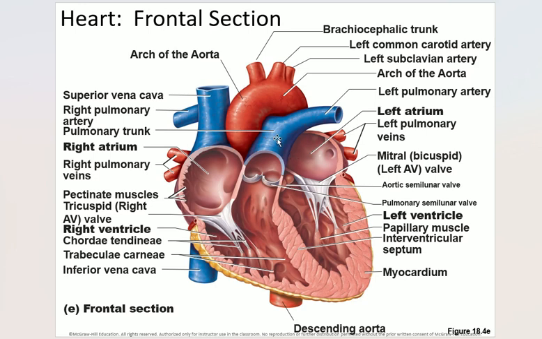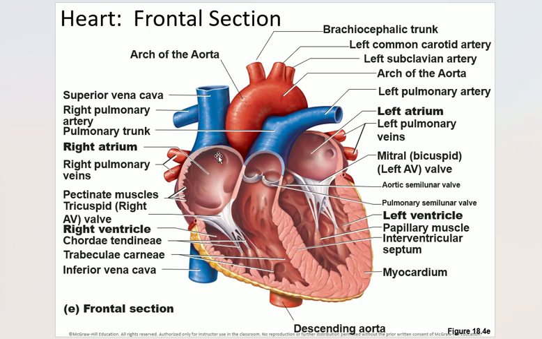This is the pulmonary trunk right here. Anytime you see trunk, it means it's going to branch later. We have the left pulmonary artery that goes to the lungs. So pulmonary means lung, and it goes to the left lung specifically. Then the right pulmonary artery here goes towards the right lung.